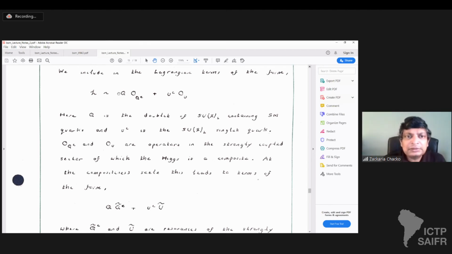And if the dimension of this entire thing is bigger than 4, so that this is non-renormalizable, in the IR these couplings will be very, very small. So since Q has dimension 3/2, we need the dimension of this operator O to be around 5/2 or less. Otherwise, this will flow.